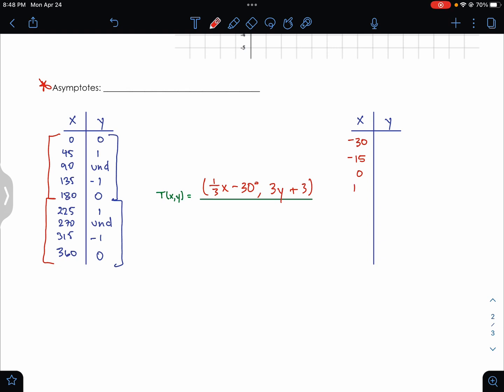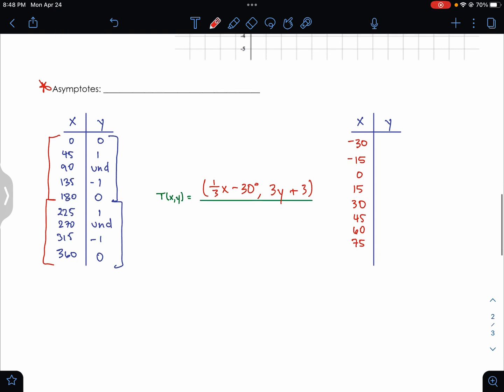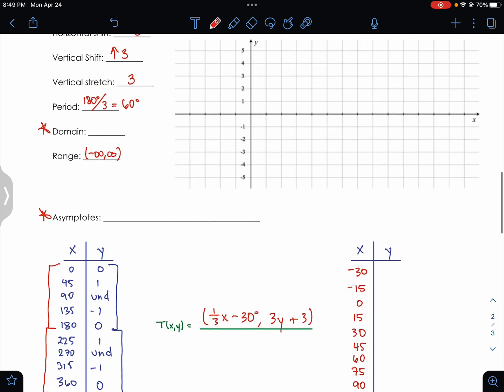So this next one's going to be 15. Then we're going to have 30, then 45, and then 60, 75, then we're going to have 90. And then I believe we have to go a little bit further.